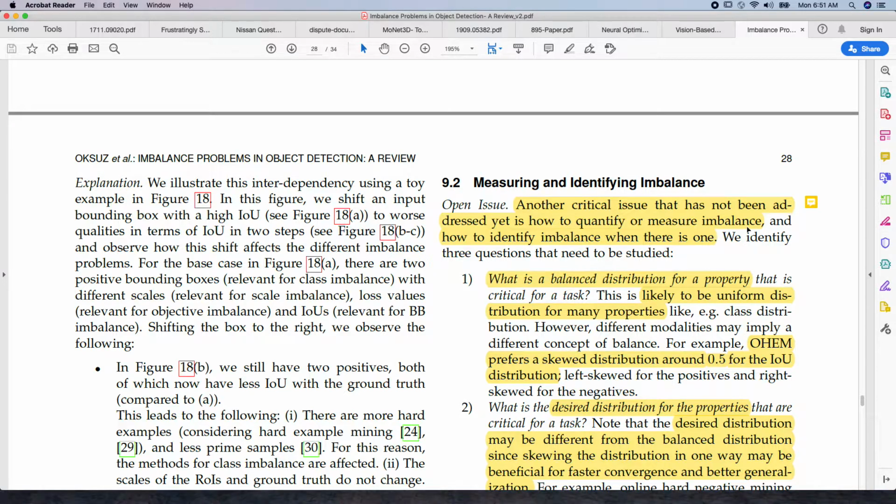So how do you say, when do you say that a data set is actually imbalanced? Let's say for instance you have two classes. One class you have 2000 samples, in the other class you have 2000 samples, and definitely you can say that is a balanced data set.